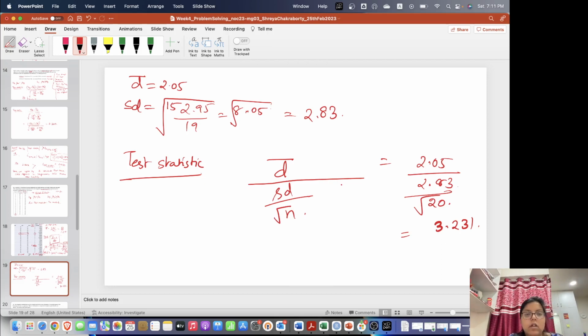This comes out to be not 3 point something, this is 2 point something. 2.05 divided by 2.83 into root 20. Yes. Okay, this is 3.239.